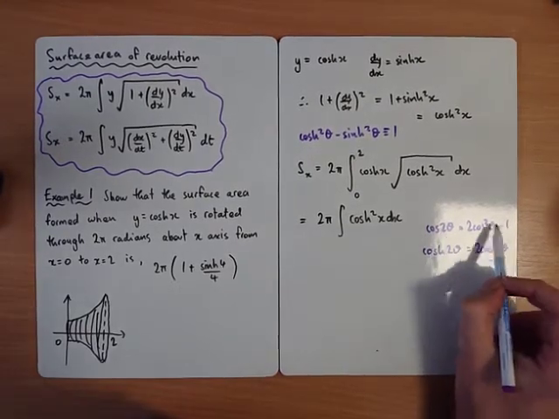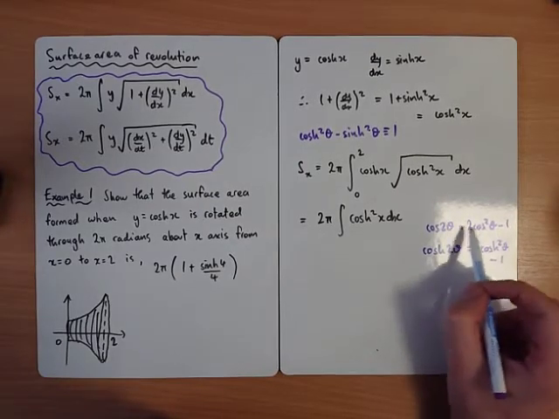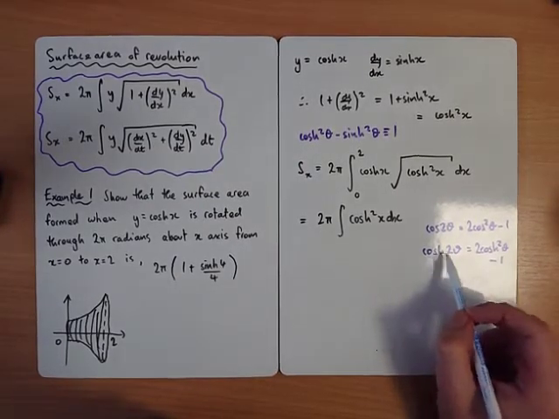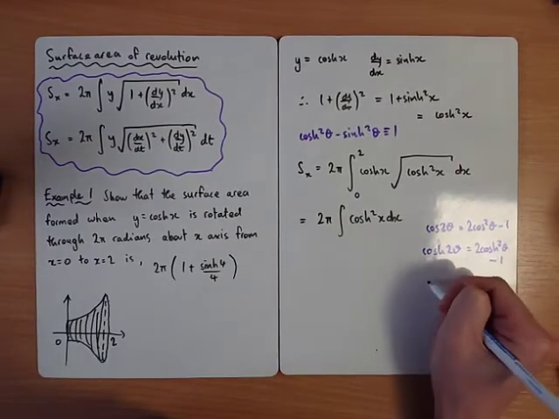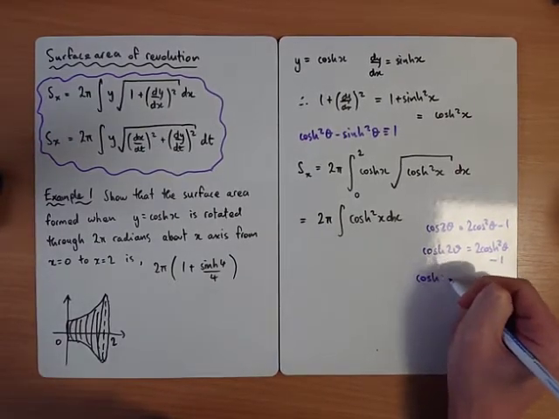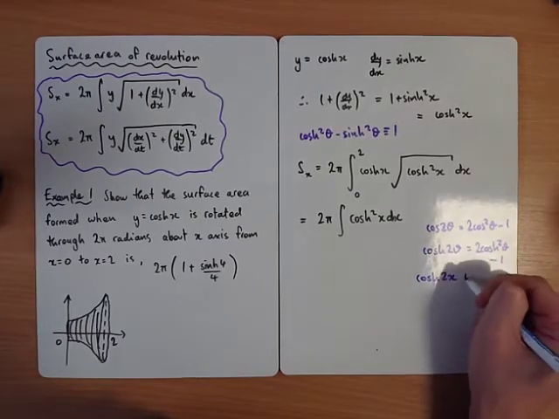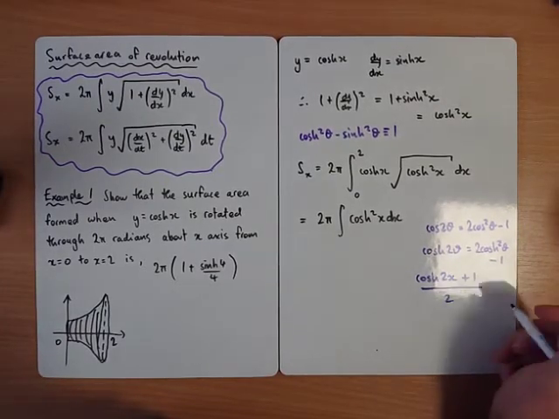If we're familiar with the original one for the normal trig functions, the hyperbolic one is very similar: cosh 2x equals 2 cosh squared x minus 1. So cosh squared x equals cosh 2x plus 1, all divided by 2.